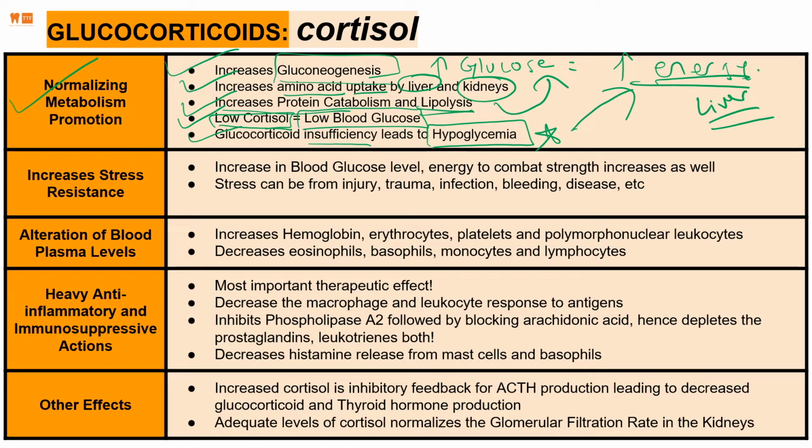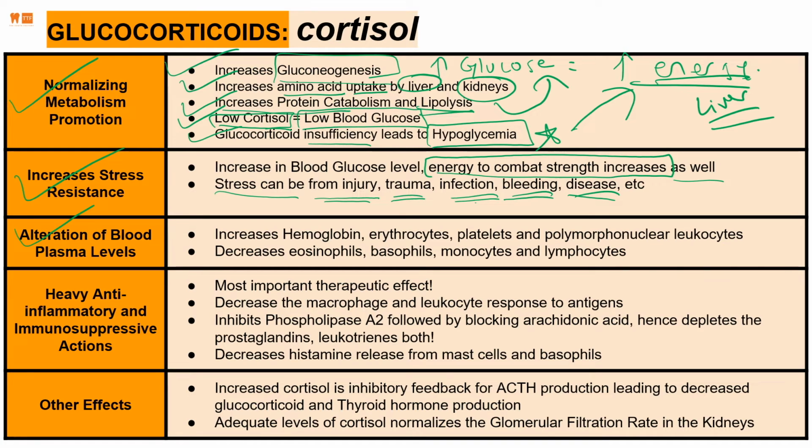Okay, increasing stress resistance. Increasing in blood glucose levels, energy to combat the strength increases. As well as stress can be from injury, trauma, infection, bleeding, diseases. These are stresses. It increases our energy to fight that stress.